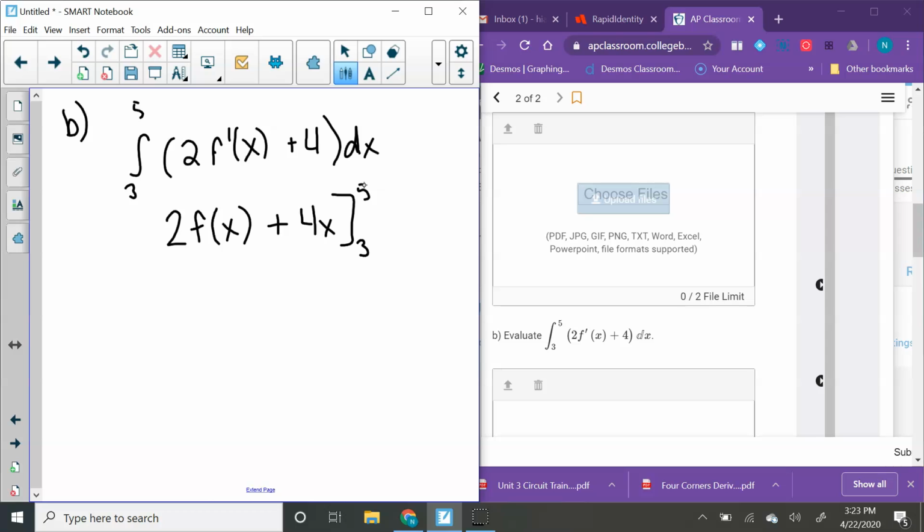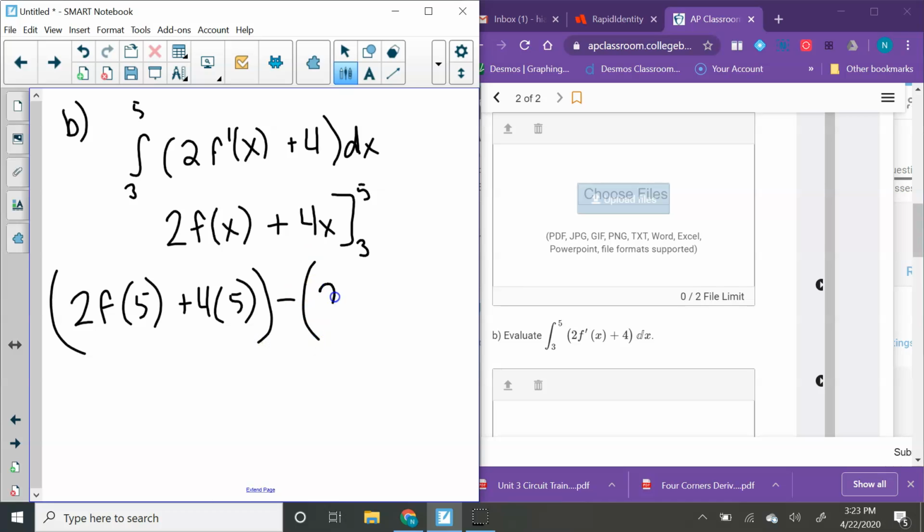And so we're going to plug that in. We're going to have 2f of 5 plus 4 times 5 minus 2f of 3 plus 4 times 3.